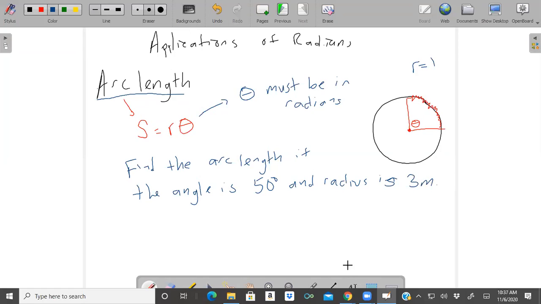If I have something that asks me to find the arc length where the angle is 50 degrees and the radius is 3 meters, the first thing I have to do is change this into radians, and then I have to be able to plug in that radius.